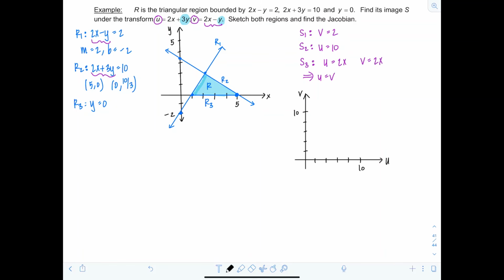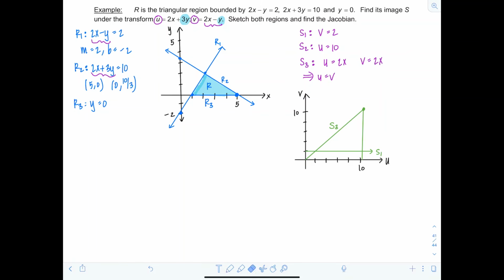And then I also have u equals v in the mix. All right, let's draw that one first so it looks the best. Something like this. Okay, so that's going to be S3. That's u equals v. S1 is v equals 2. So this would be S1. And then S2 is u equals 10.